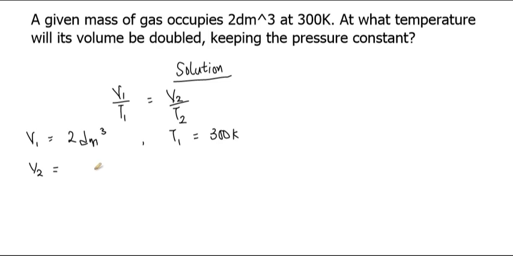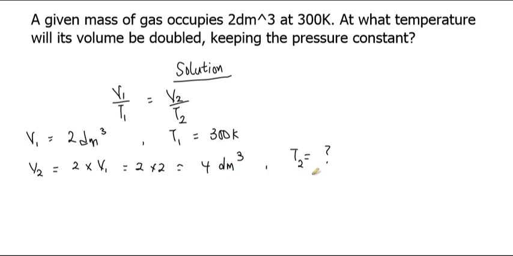So if V2 is doubled, that's 2 times V1, the initial value, which is 2 times 2, for the unit dm³. Then the temperature is unknown, because the question says at what temperature will its volume be doubled. So this is T2. Now V2 is 4 dm³ and T2 remains unknown.